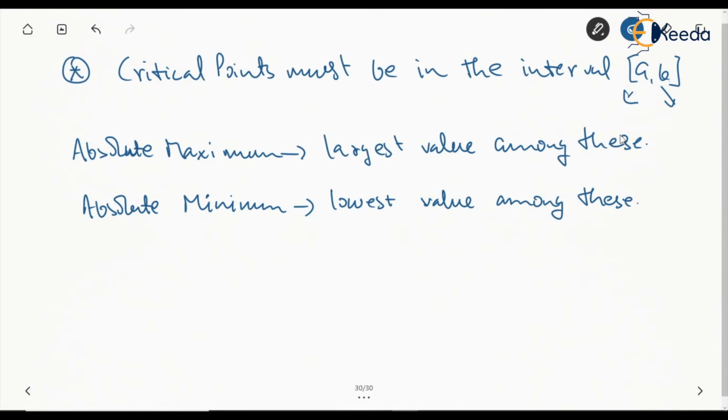Among these what? The critical points and the endpoints, right? So overall we can find the absolute maximum and minimum.